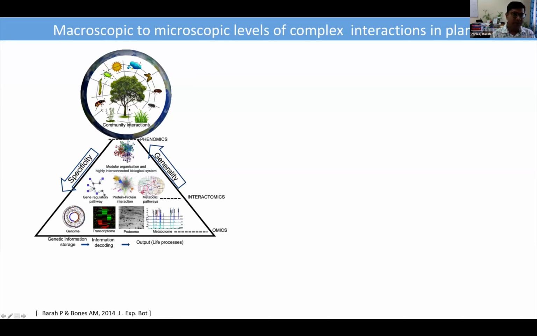There are different kinds of interactions: biotic interactions, biotic-abiotic interactions. Plants are exposed to many kinds of biotic and abiotic factors, and there is always a selection pressure to adapt and evolve. Through this, the entire plant and stress interaction can be studied from both top down and bottom up.